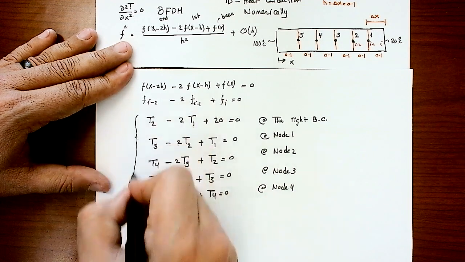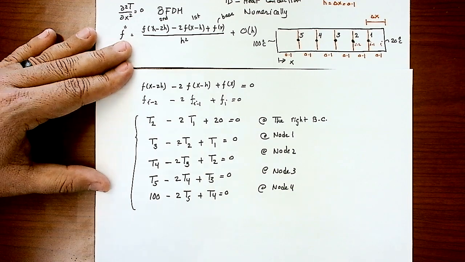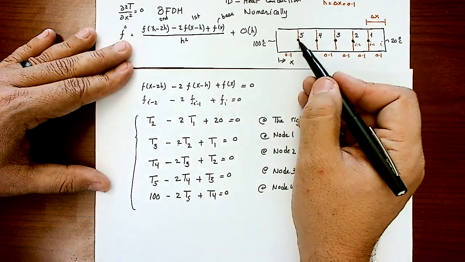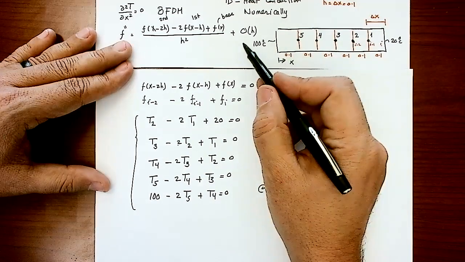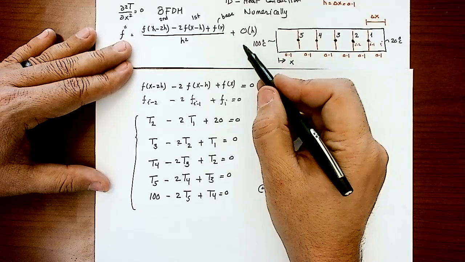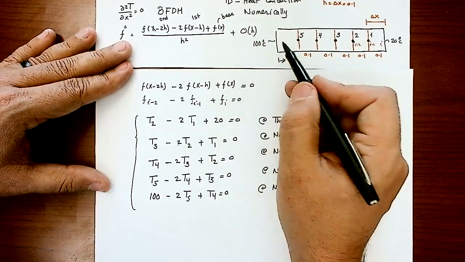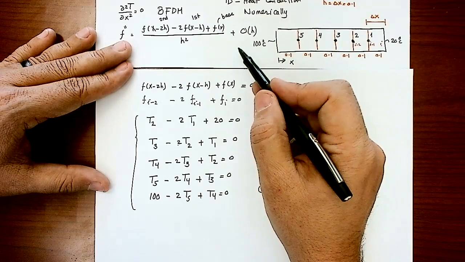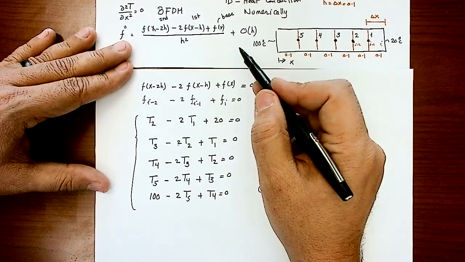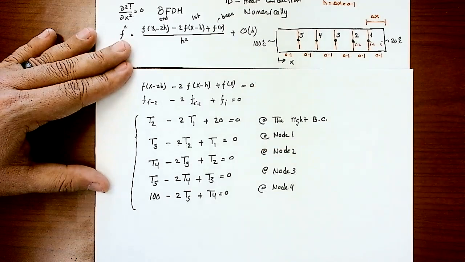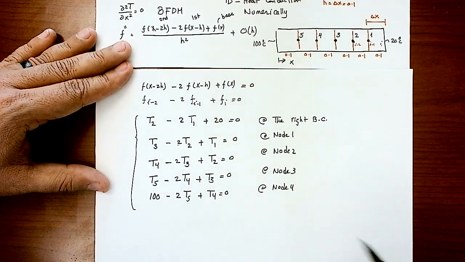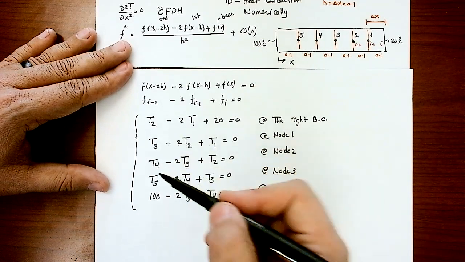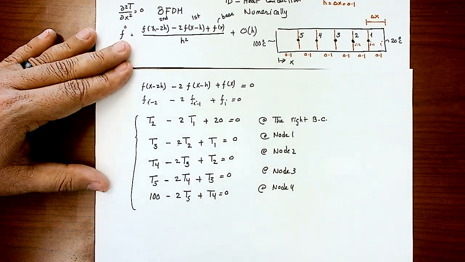Now I have 5 equations and 5 unknowns. I cannot apply it at node number 5 because I have only i minus 1, I don't have i minus 2. I cannot invent that. I cannot say that it's 100 degrees like that face. It's outside your domain, and you cannot use anything outside your domain. So you end up having 5 equations in 5 unknowns, which are T1, T2, T3, T4, T5, and this is what I'm looking for.